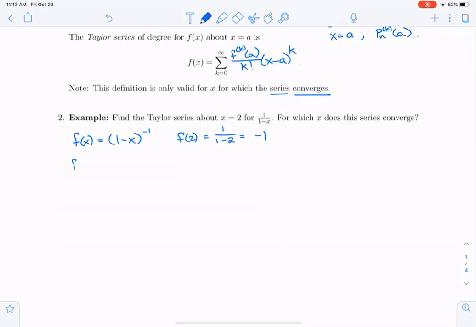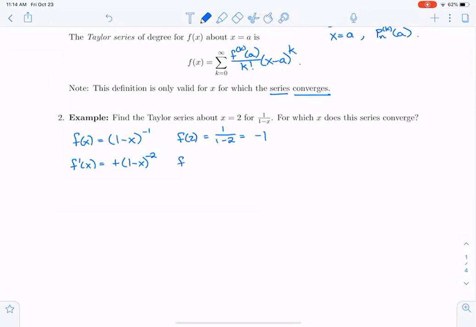And then I'm going to find the derivative, which is actually negative 1 minus x to the negative 2 power. That's times a negative 1. And so using the chain rule, I get that negative 1 there. I'm going to simplify because negative times the negative 1 is going to give me a positive.